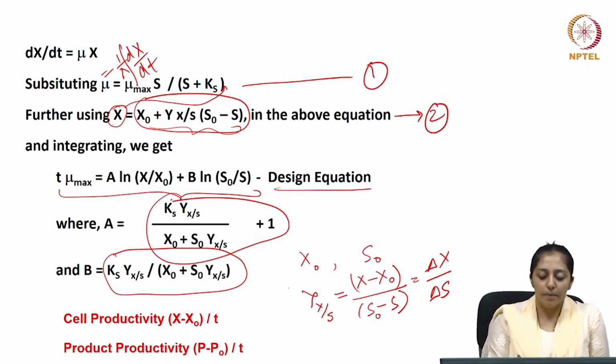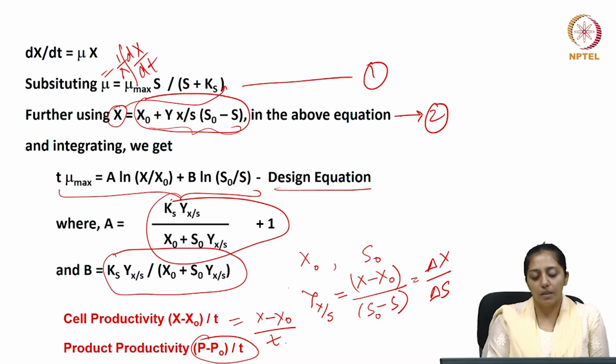So, it will be for a batch x minus x naught over the batch time. Similarly, product productivity in batch would be P minus P naught by T, where x naught and P naught are the initial biomass and the product concentrations, and x and P are the final concentrations, and T is your batch time.